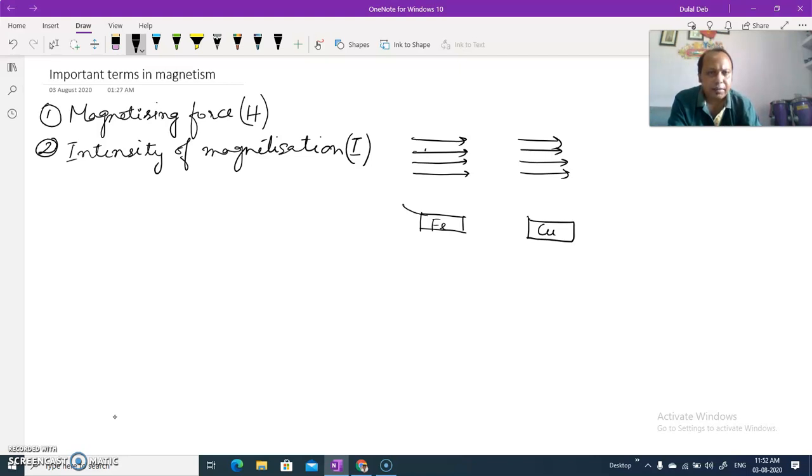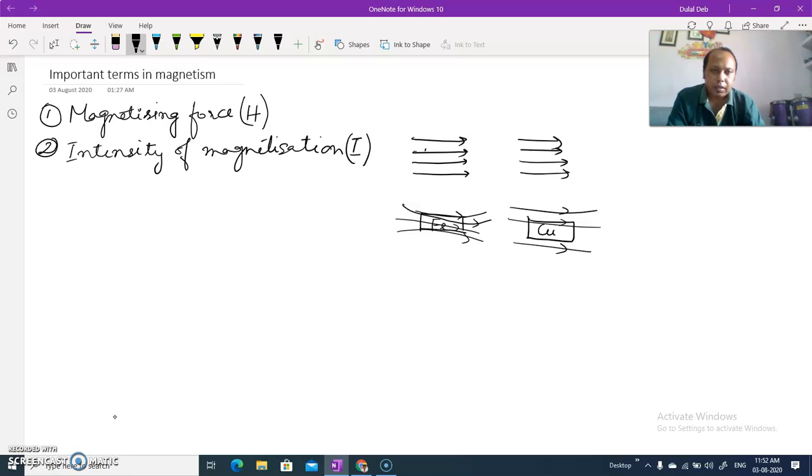We will find that the magnetic lines of force are curved here, and they are actually attracted by this magnetic material. Whereas in copper it is not the same. So if we calculate the magnetic induction here, the value will be more here. You can see in this region the magnetic field has actually increased from its initial value.